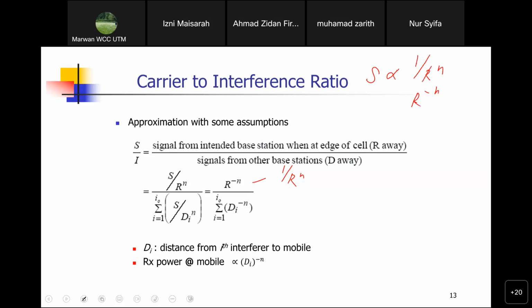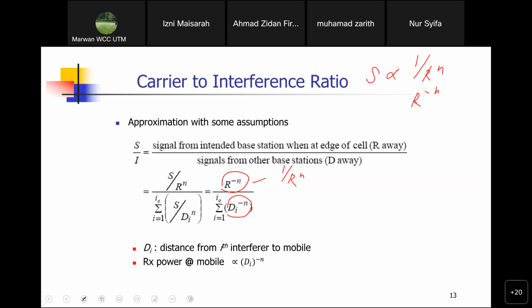So you approximate your signal power as depending on your distance R, and your interference power is depending on D. So 1 divided by R, another one is D.